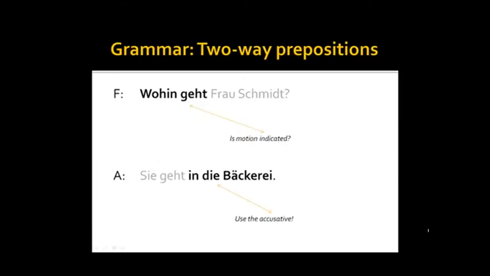It still retains the accusative because it indicates motion. Before I get to the verbs, you'll recall also, wo ist Frau Schmidt? Position. I don't care where she's going. I want to know where she is at. I answer with the dative. I still use the same two-way preposition in, but this time I respond with the dative form, in der Bäckerei. She's located in the bakery.